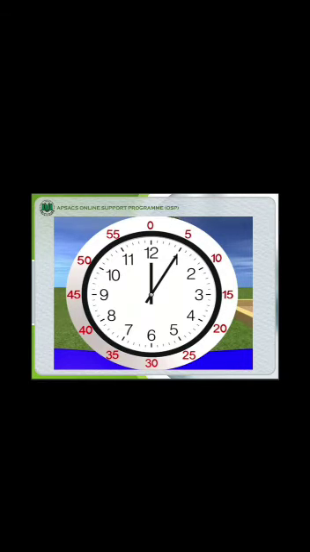When the minute hand is at 12, it means 0 minutes. So, we have to count by 5 to get the minutes. When the minute hand is at 1, it means 5 minutes have passed. So, here the time is 12:05.